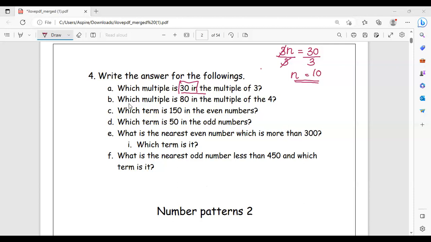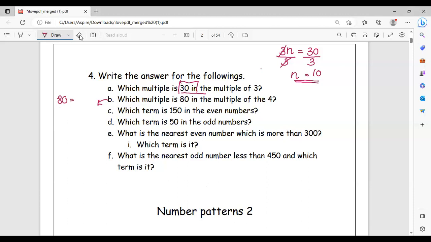Yes, teacher. Okay. Which multiple is 80 in the multiples of 4? Then how do we find it? By dividing 80 by 4. That means 80 is equal to 4n.